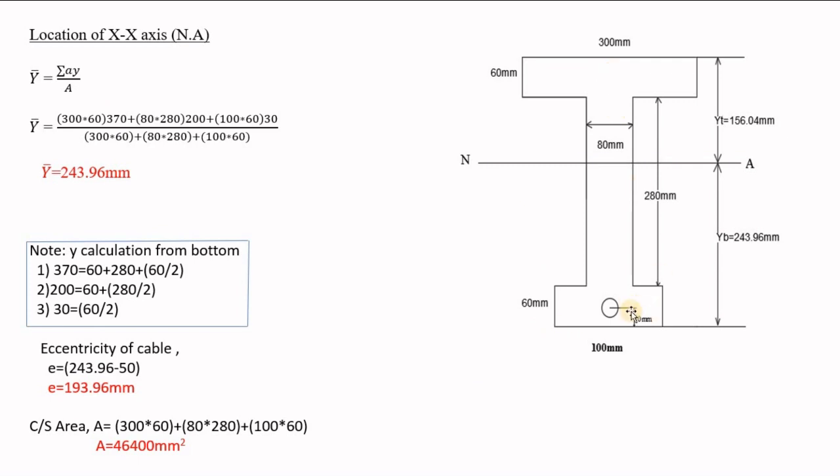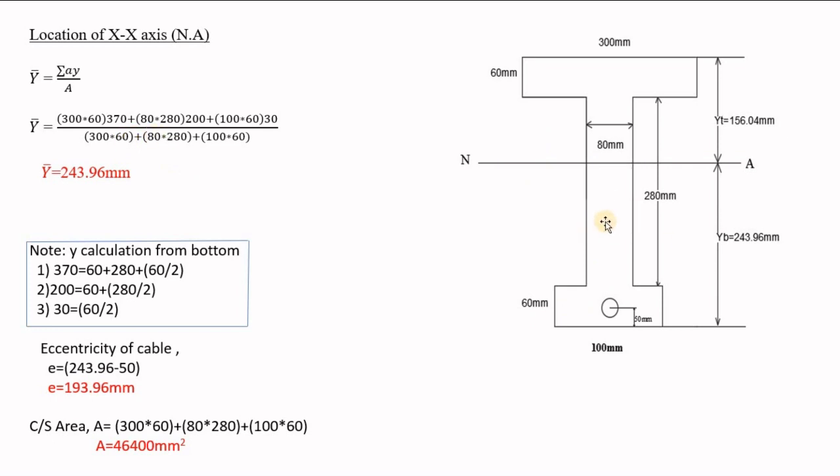From the bottom, the centroid of this element is 60 height, plus 280 web height, plus 60 by 2, which will give you 370. So the centroid of this element is located at 370 from the bottom of the beam.